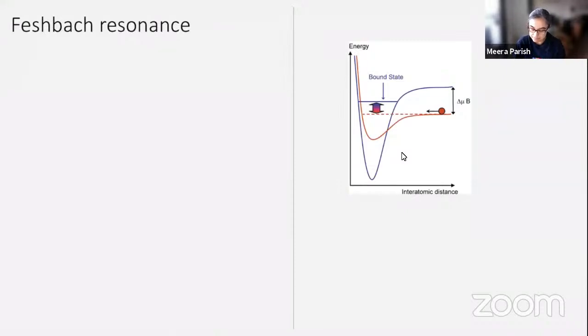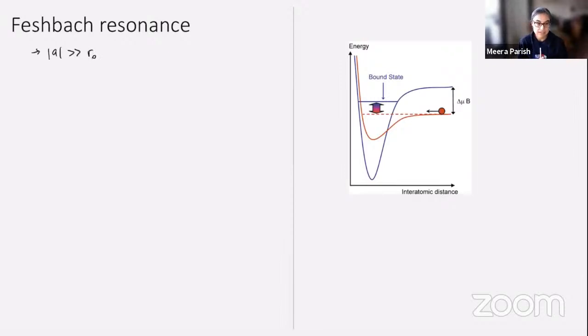So the Feshbach resonance. The idea is that this is a way in which we can tune a bound state into resonance, and achieve this regime where the magnitude of the scattering length is much larger than the range of your underlying potential.